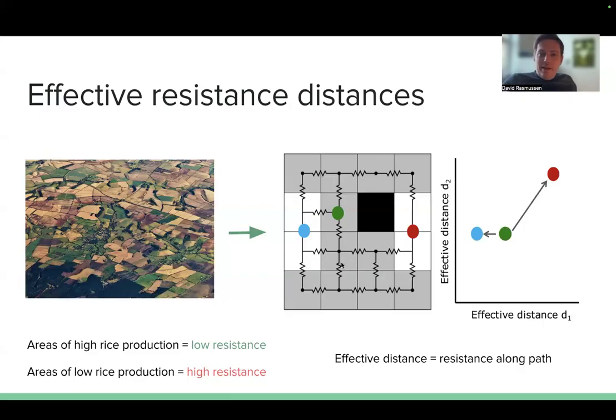And so, by way of analogy here, what they're thinking about is that the high conductivity parts of the landscape are parts of the landscape that have a great deal of rice production. And so there would therefore be high connectivity through the landscape in these parts. But this is complicated because there are many different ways that pathogens can move throughout these different pathways on the landscape.